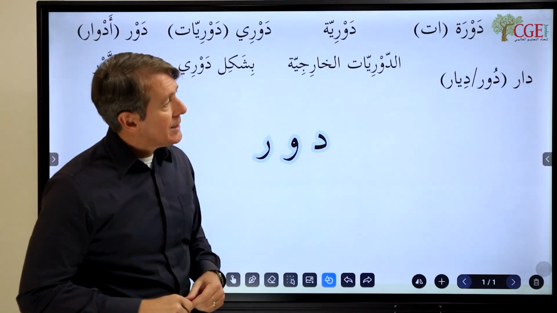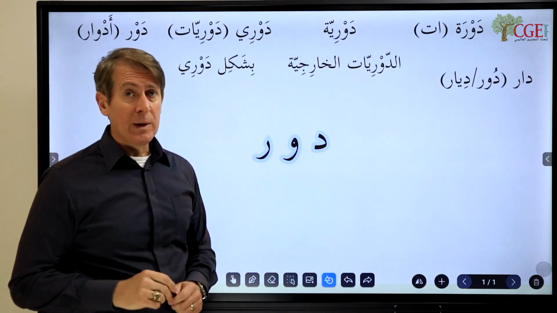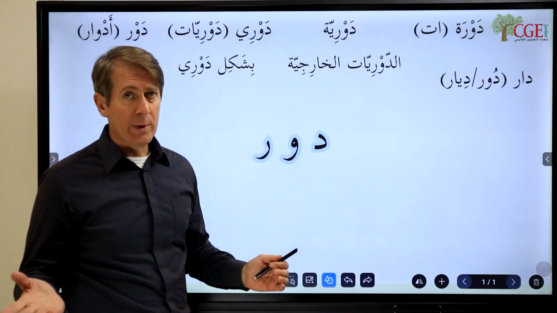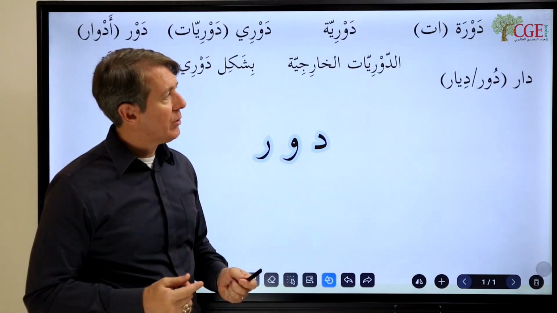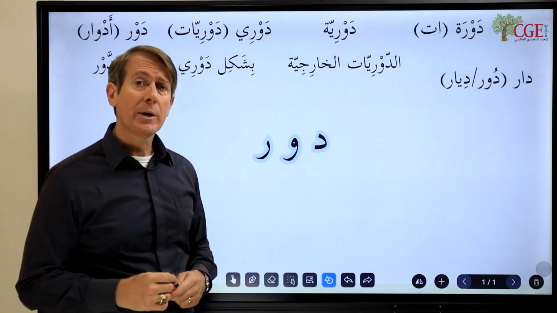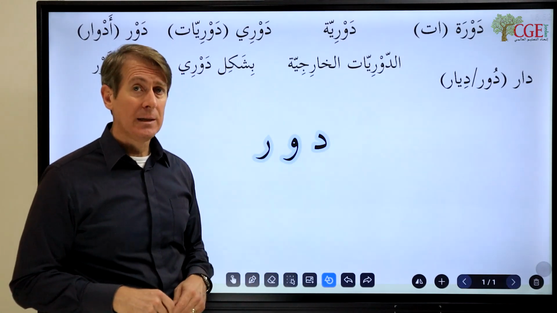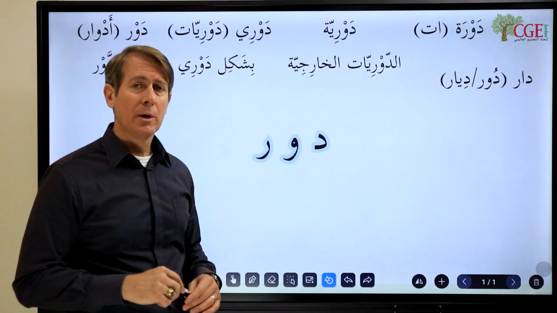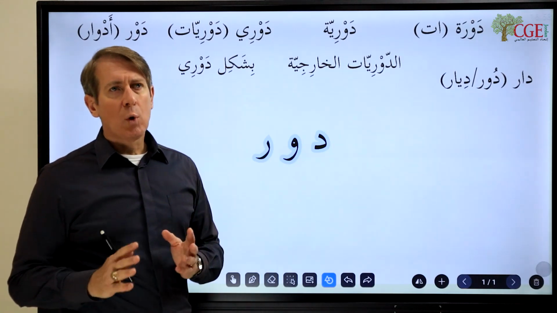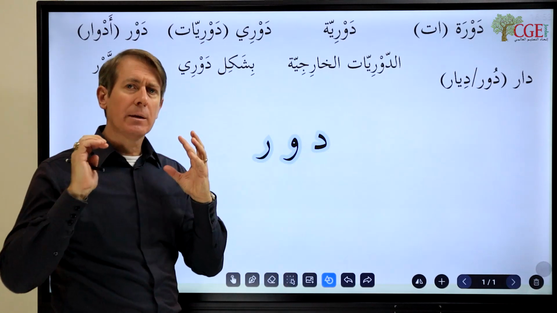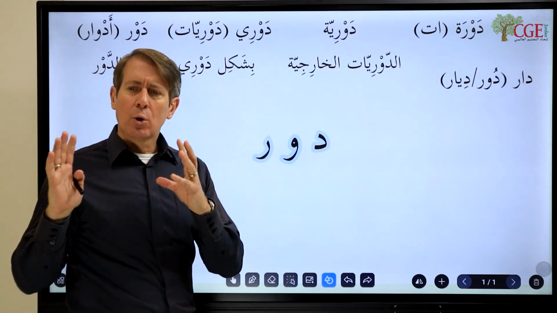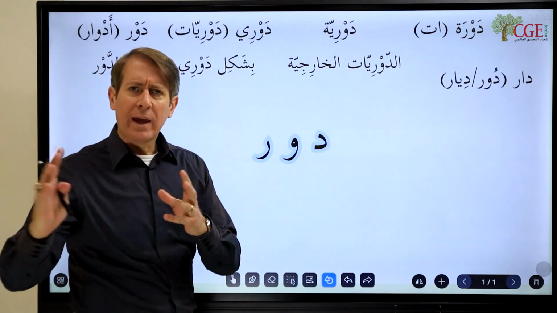All right, next one. The next one is, and this is going to surprise some people, but most people who know Arabic, at least the beginning or intermediate level, will know this word, dar. Dar is the same as bayt, means house. Bayt means more like home. It's really in the Arab mind, bayt is like your home with family and all that.